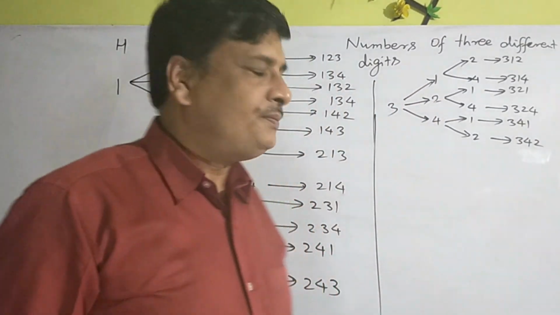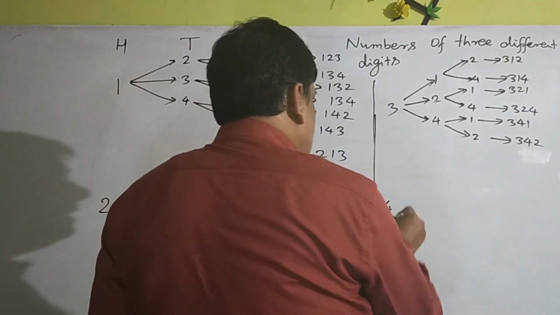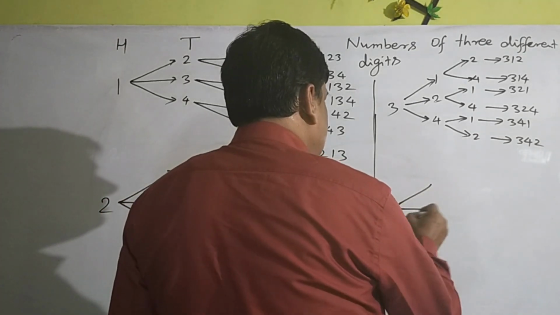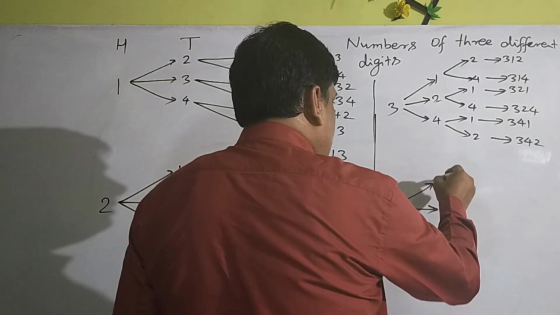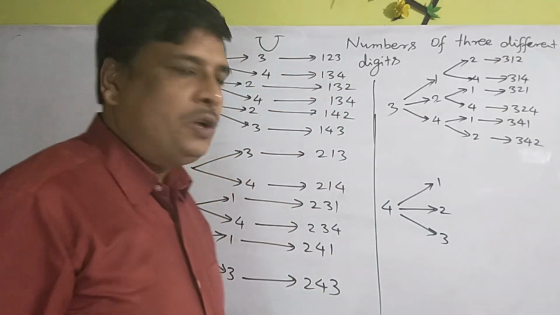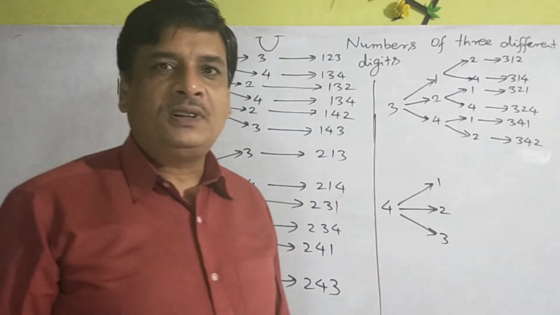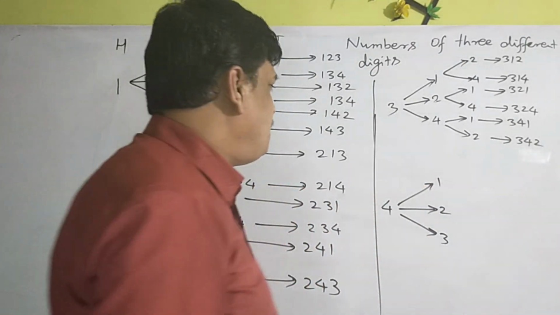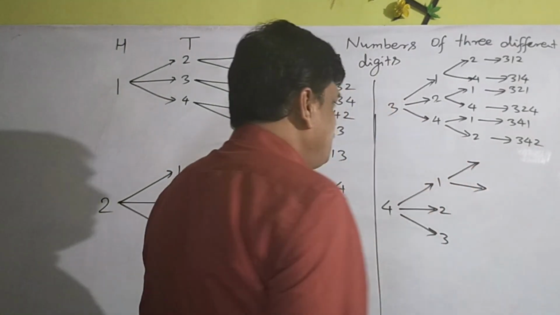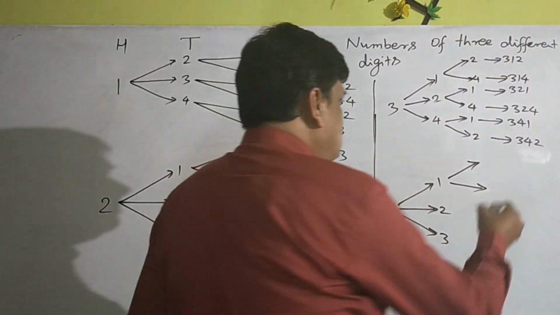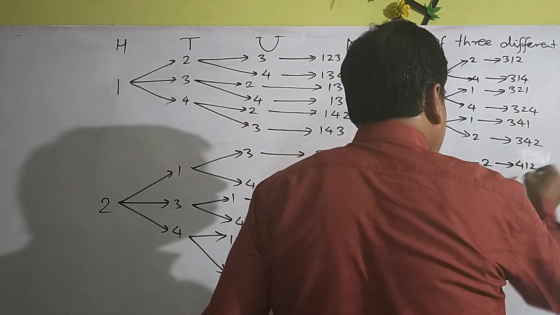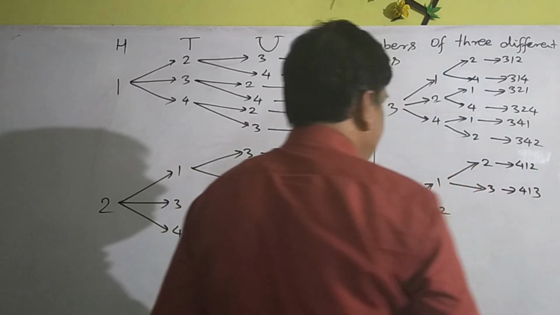In a similar fashion, while taking at hundreds place 4, the tens place can be filled up by the digit 1 or 2 or 3. For each choice of tens place, there are 2 choices for units place. When tens place is filled up by the digit 1, unit place can be filled up by 2 or 3. As a result, the number becomes 412, 413.